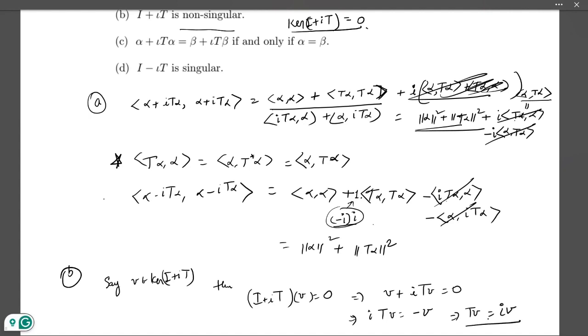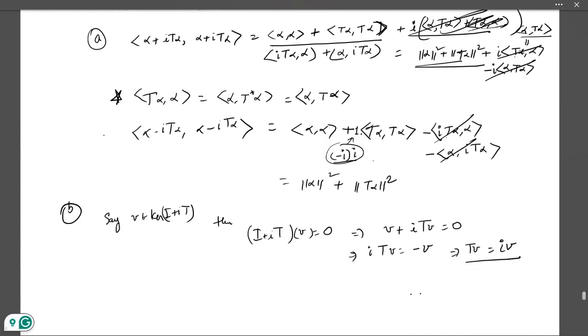Now, it shows that I is an eigenvalue of T. Okay, this is wrong because all eigenvalues are real because T is self-adjoint.